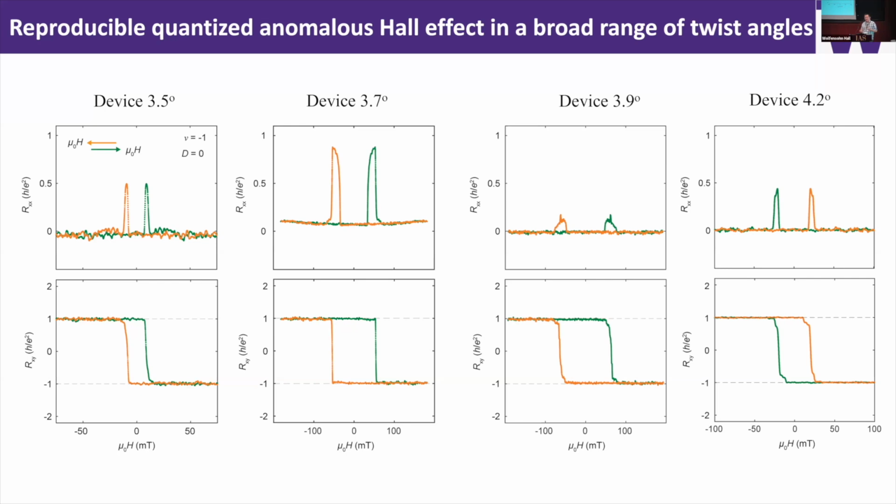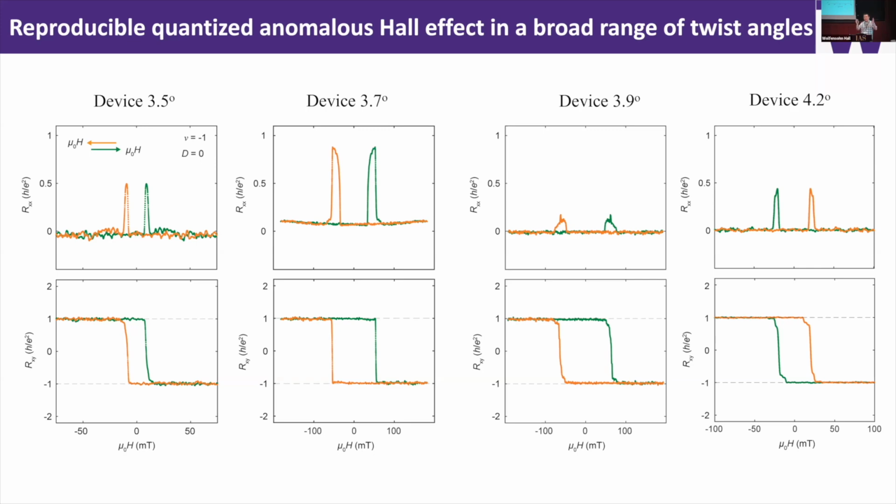I think one of the reasons is that the quantum anomalous Hall effect in twisted MoTe2 doesn't sensitively depend on the twist angle. From the results of the whole community, we know that the quantum anomalous Hall effect exists from a twist angle around 2.1 degrees all the way to 4.2 degrees.